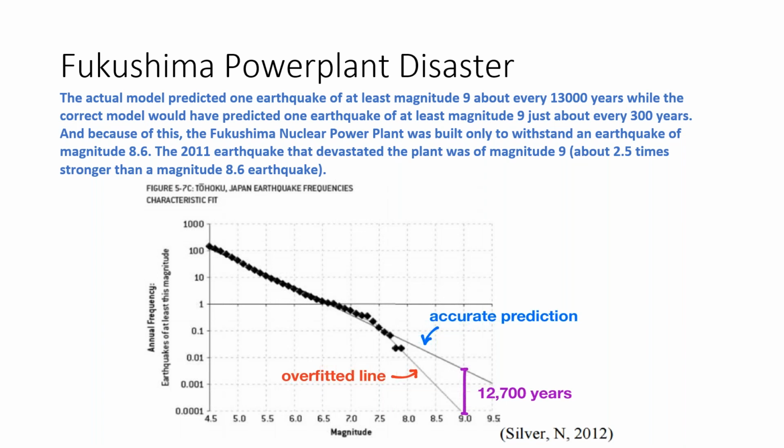Because of this, the Fukushima nuclear power plant was built only to withstand an earthquake of magnitude 8.6. That is the design parameter they considered. The 2011 earthquake that devastated the plant was of magnitude 9, for which it was not designed. Actually, magnitude 9 was about 2.5 times stronger than a magnitude 8.6 earthquake. So that is the problem while we are building models.